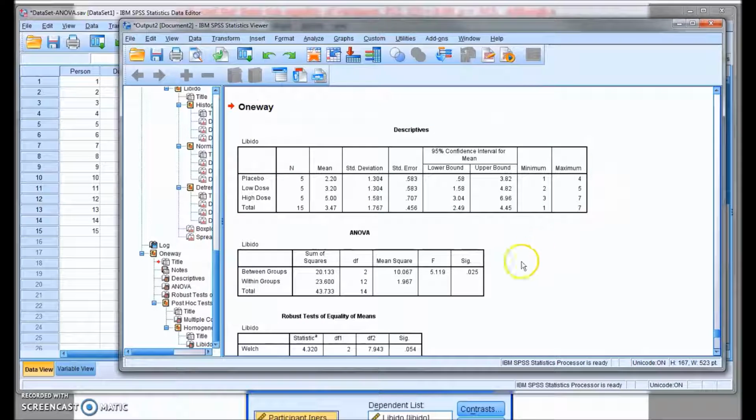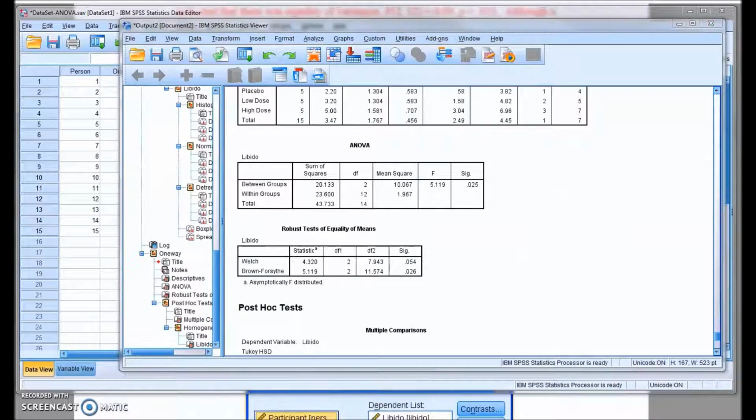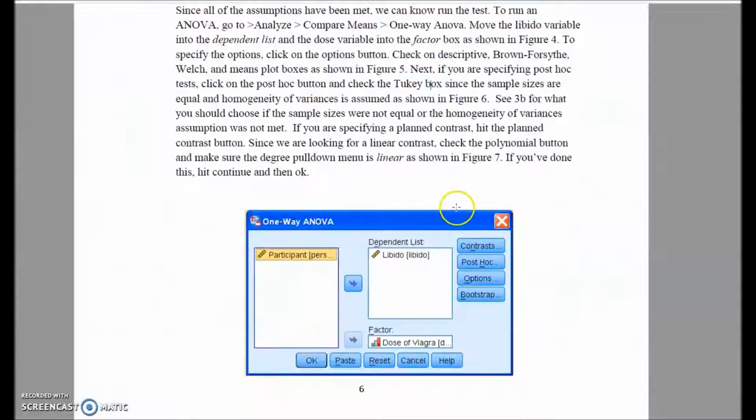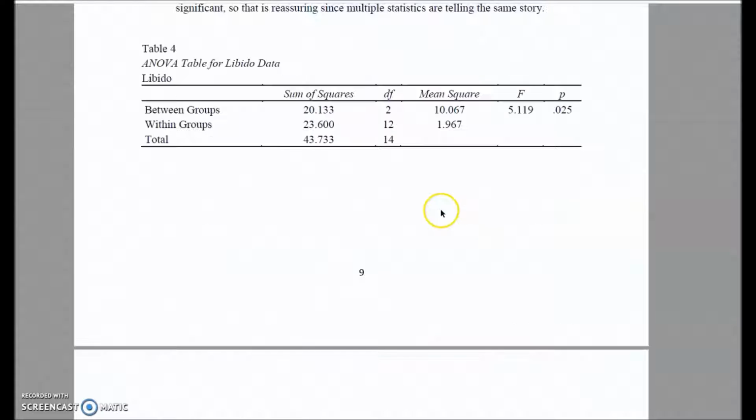So here is my main ANOVA table. I'm going to go back to that so that you guys can see it. If I go down, these are the plots, and here is that table. So for the ANOVA table, for the libido, I have between groups. That means between any of the two groups, my p actually comes out to be 0.025, which is less than 0.05.